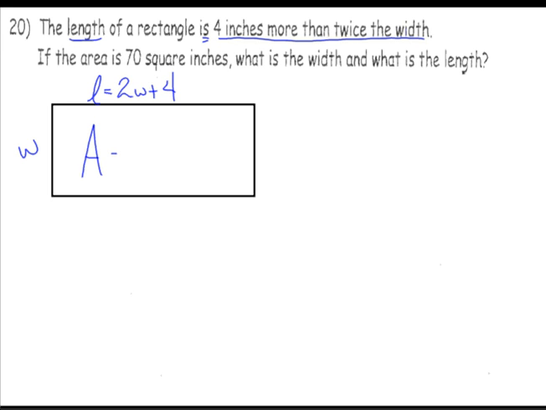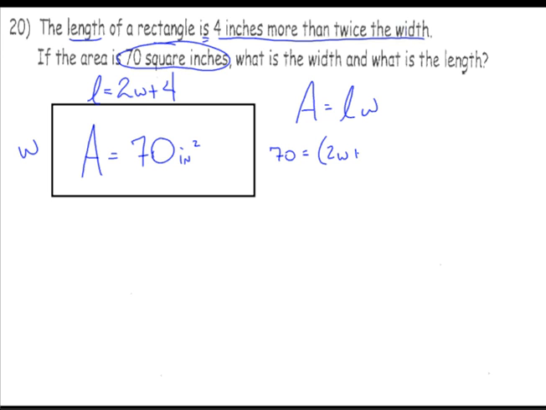They told me the area is equal to 70 square inches. I know that the area formula for a rectangle is length times width. So I now have 70 is equal to 2W plus 4 times W. I distribute my W in.